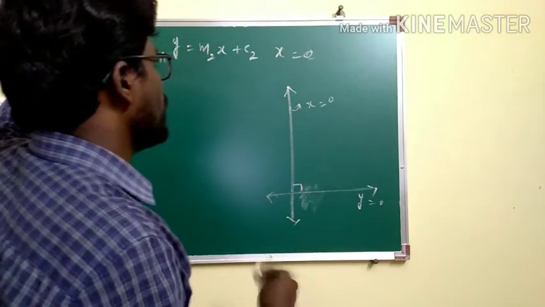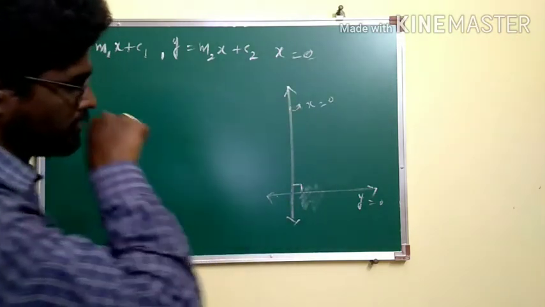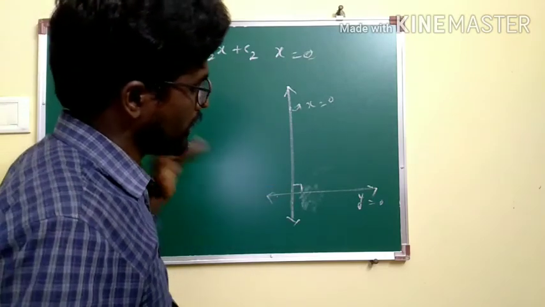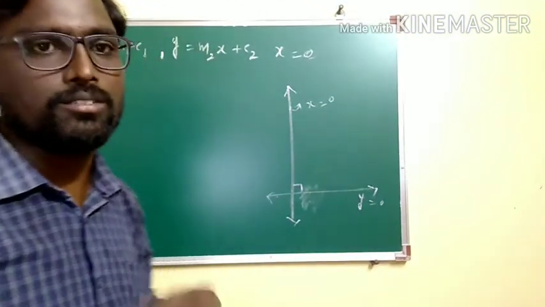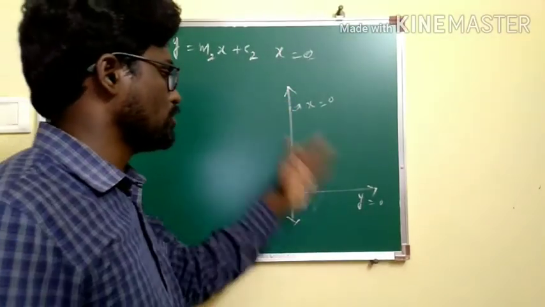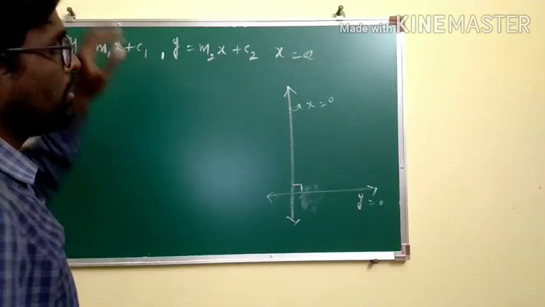So here, x equal to 0 means one side of the triangle is the y axis, because all the y coordinates on the x axis are 0 and all the x coordinates on the y axis are 0. So x equal to 0 is the equation of the line.